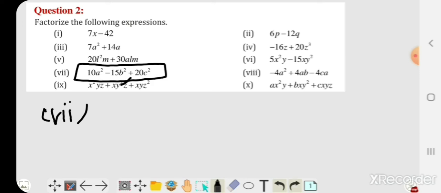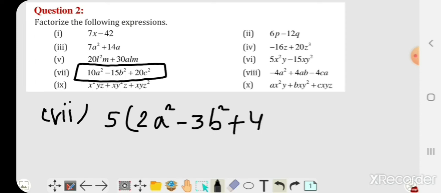So we can directly take 5 out. 5 2s are 10, a square remains as it is, minus 5 3s are 15, b square, plus 5 4s are 20, c square. So you can directly write it.